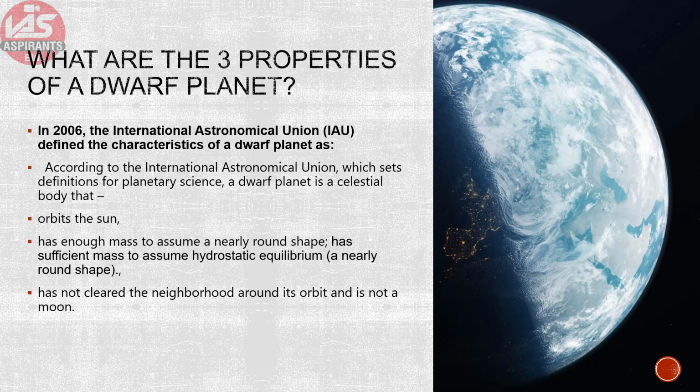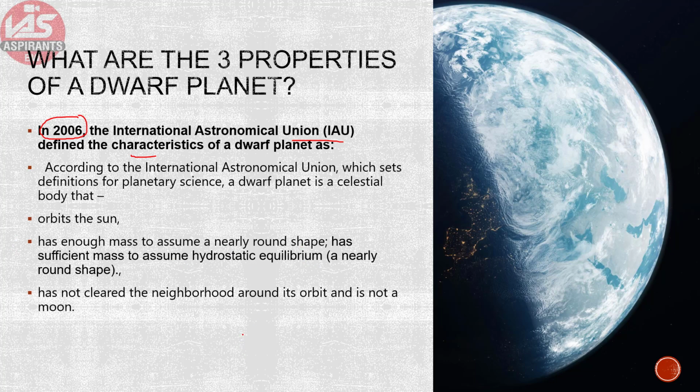Now we are talking about dwarf planets and planets. What are the differences between a planet and a dwarf planet? There are 3 properties that make a dwarf planet, and in 2006 the International Astronomical Union gave these characteristics. According to them, a dwarf planet is a celestial body that, number 1, orbits the sun. Number 2, it has enough mass to assume a nearly round shape or hydrostatic equilibrium.